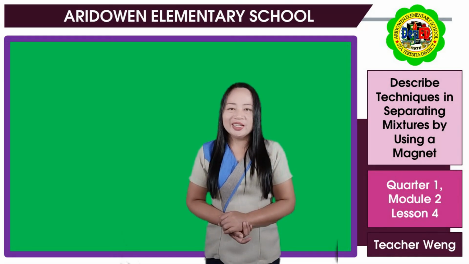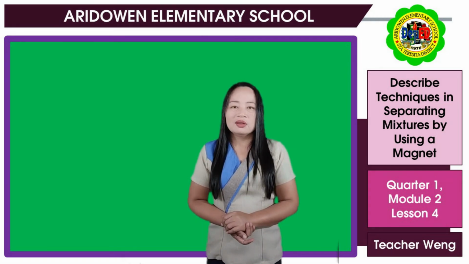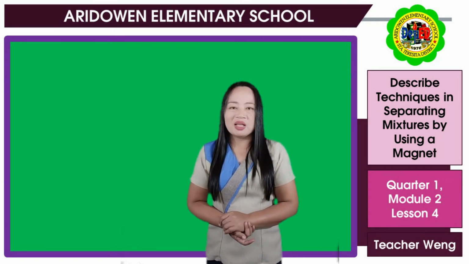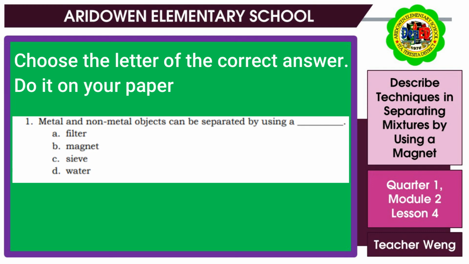Now, my dear learners, are you ready with our assessment? That's great! So, now let's have our assessment. Choose the letter of the correct answer. Do it on your paper. Number 1. Metal and non-metal objects can be separated by using a blank.